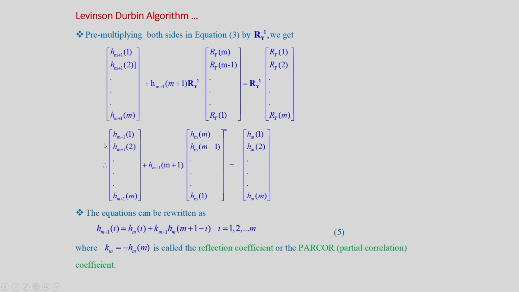So, we have this h m plus 1 vector plus this scalar h(m+1, m+1) into, if I take Ry inverse into this vector, I will get the filter coefficients in reverse order, that is h_mm, h_m(m-1) up to h_m1, and the right hand side will be h_m1, h_m2 up to h_mm.